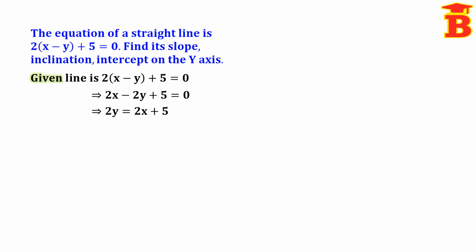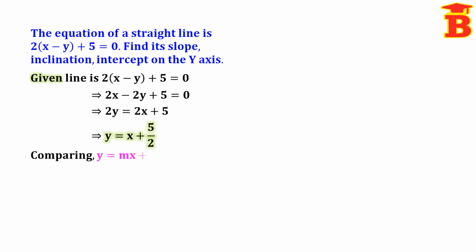Divide by 2, we get y = x + 5/2. This 2 cross multiplied to the other side, so we get x + 5/2. Then only we can have the form y = mx + c.